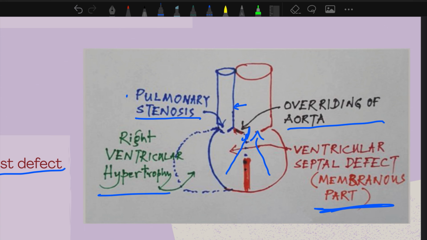Then because it went towards the right, that's for the upper part. For the ventricular sides, we'll be getting two problems: the ventricular septal defect on the membranous part, because the aorta goes towards the right ventricle, and because there's more pressure and more blood going into the right ventricle, and the right ventricle is trying to pump into the aorta, we'll be getting a right ventricular hypertrophy.